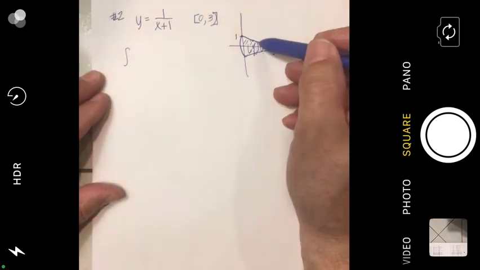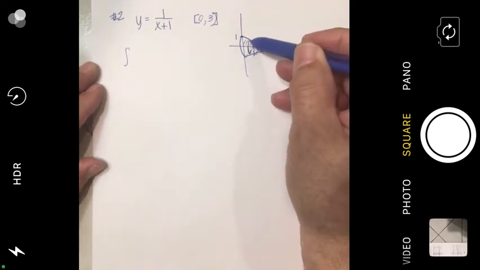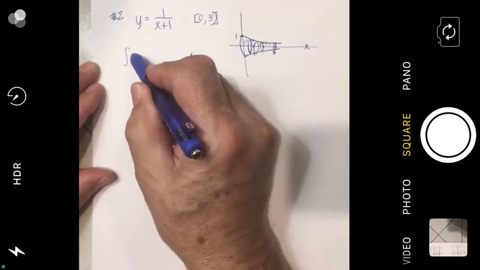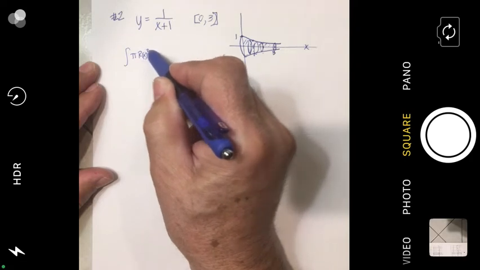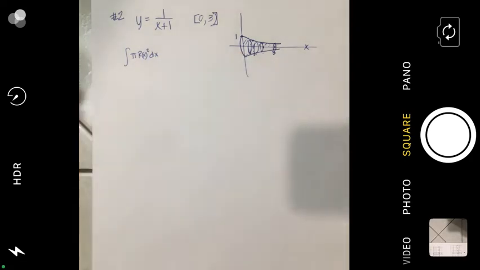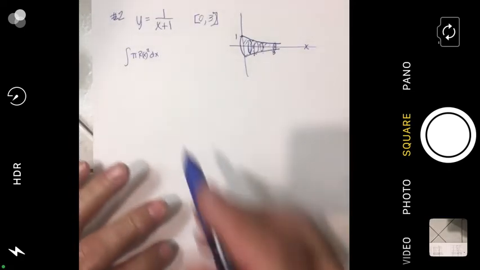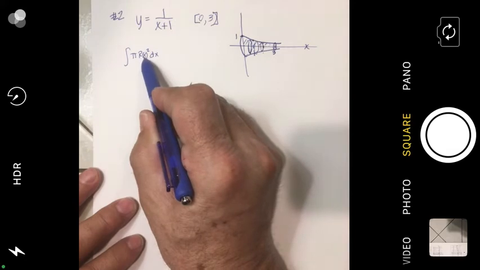So I need to know the volume of each of these discs. Now the book says that formula is pi r of x squared dx. And that has confused some of you who have been reading the book, thinking it's r times x.